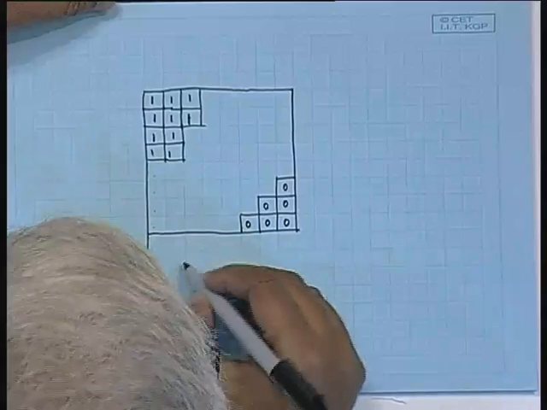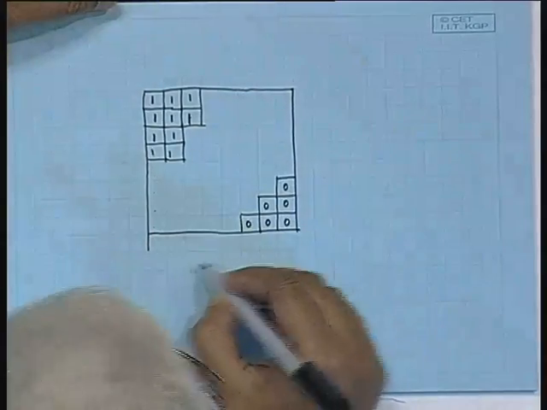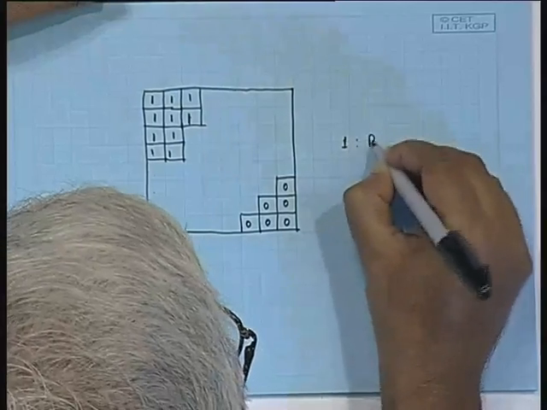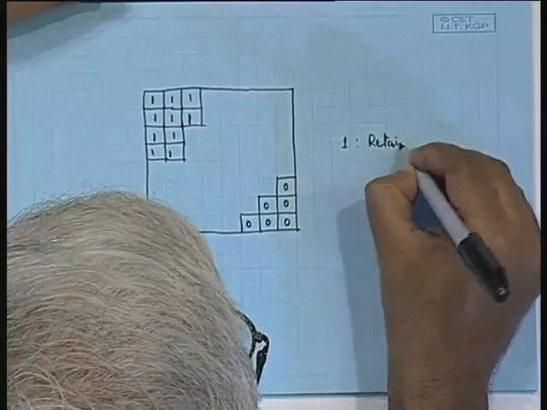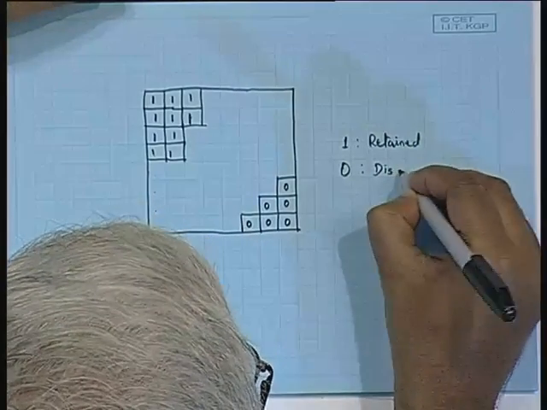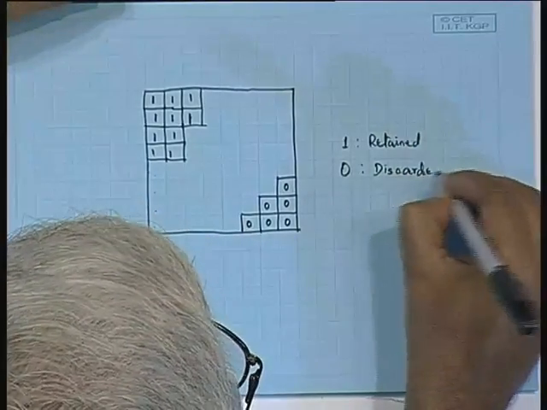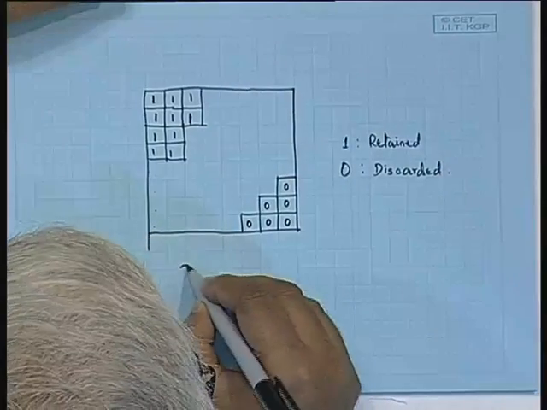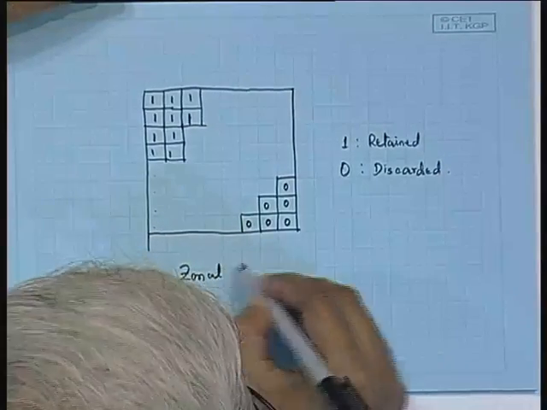So, depending upon the nature of the image and its variance characteristics, one can decide which ones we are going to retain. This type of a mask, containing 1s and zeros, where 1 indicates retained coefficients and 0 indicates discarded coefficients, this sort of a binary mask we refer to as a zonal mask.